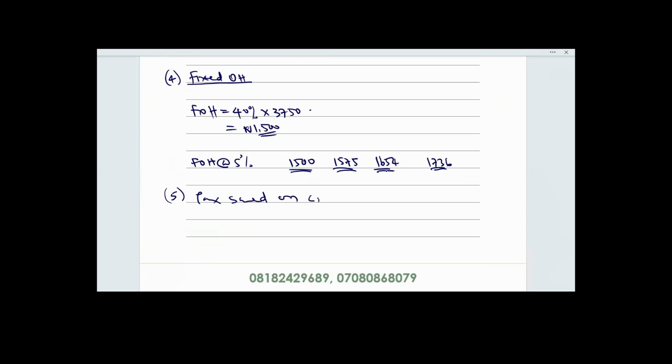Tax saved on capital allowance. I will then go to the question, how am I going to claim capital allowance? Did I note it? No. So let's go to where we have information on capital allowance. Yes, still on the same paragraph where you have the tax rates.